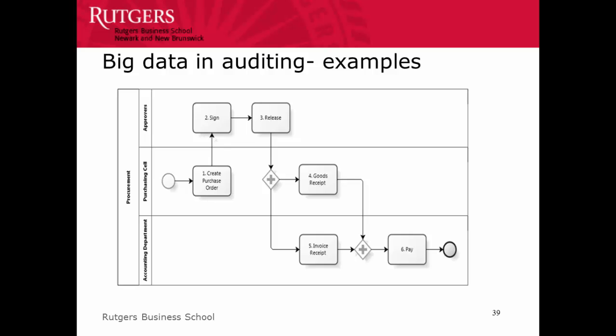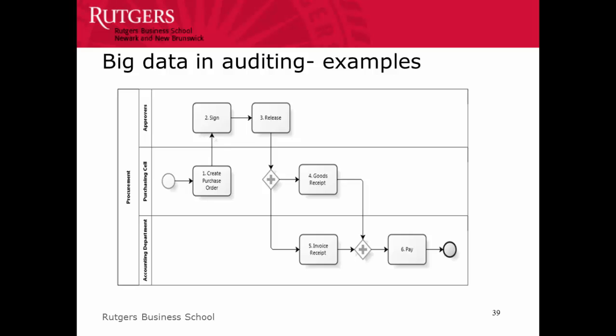It is to first create a purchase order, and another one who is different from the first one should sign it, and another person should release this order. And after you have goods receipt and invoice receipt to confirm that we indeed get these products, then we go to the next step to pay for these products.